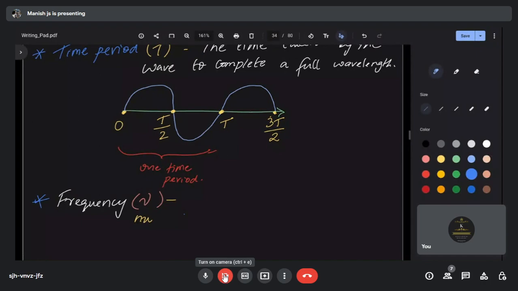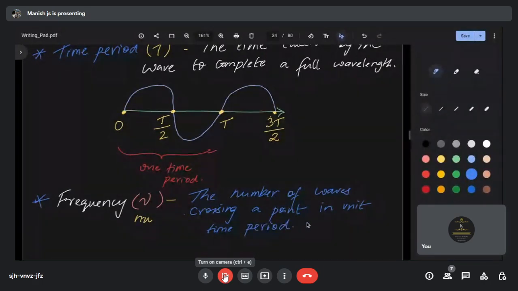இப்போ இங்க கூட frequency-னா how frequently the wave is crossing a point in unit time. So you call that as frequency. So here we say frequency as the number of waves crossing a point in unit time period.